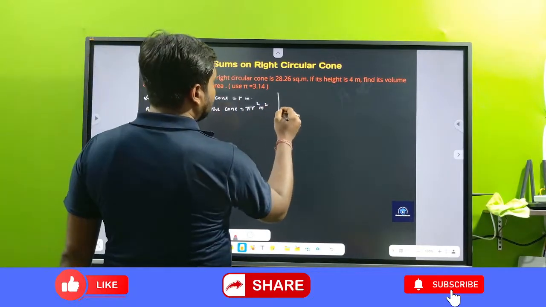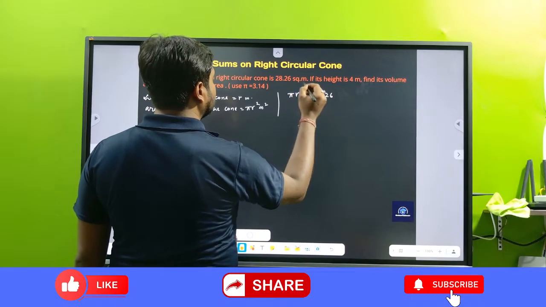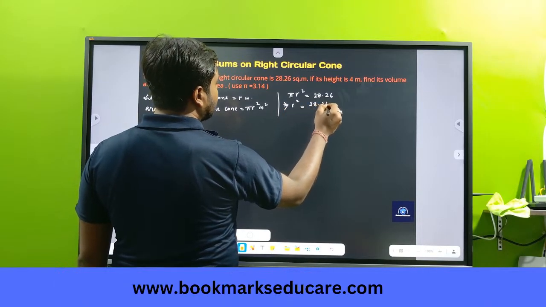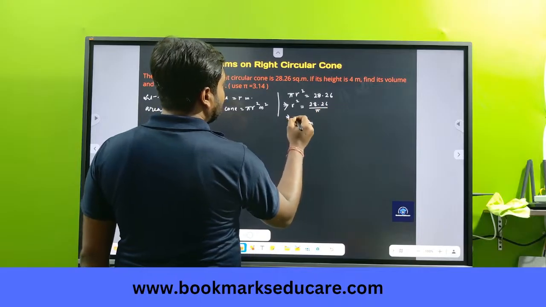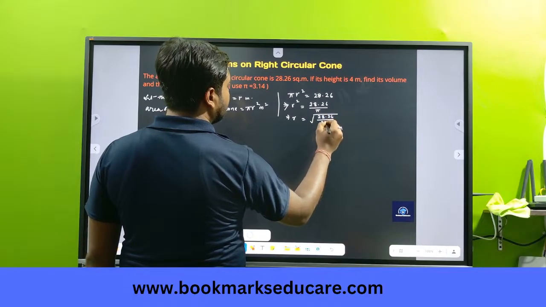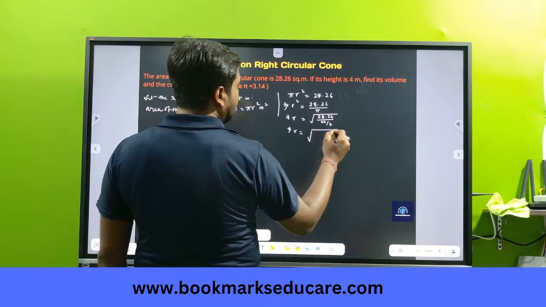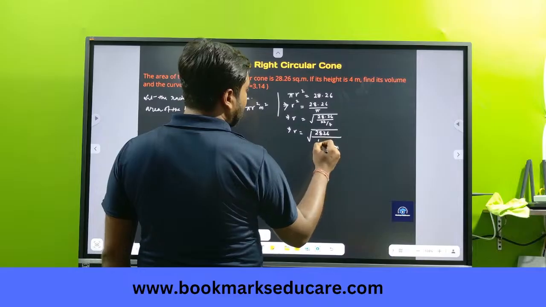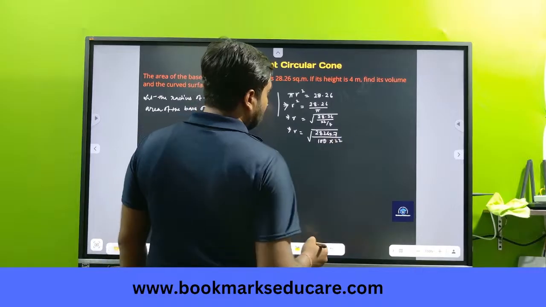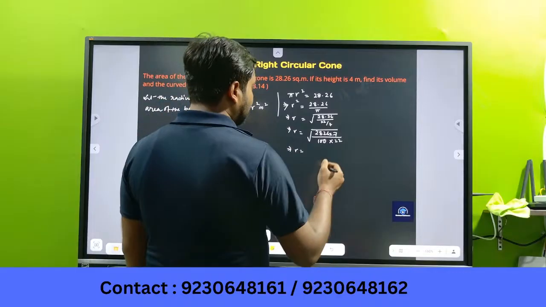If we equalize this, pi r square equals 28.26, and we have to solve: r square equals 28.26 by pi. R equals square root of 28.26 by 22 by 7, which is 2826 by 100 into 7 by 22. Let's calculate what the value of R will be.